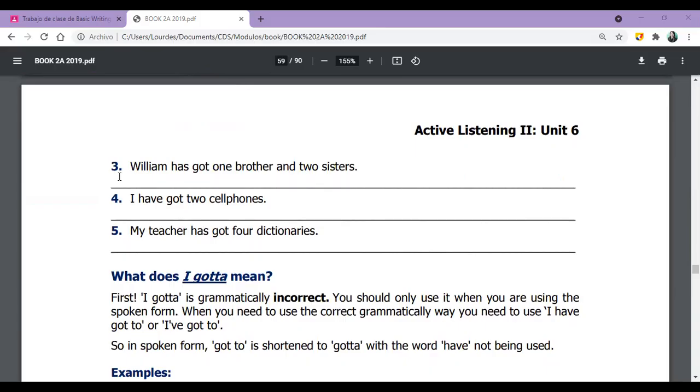Next, it says William has got one brother and two sisters. Has William got one brother and two sisters? Very good. Remember to emphasize two sisters. Next, it says, I have got two cell phones.